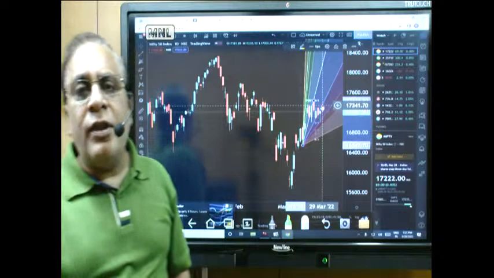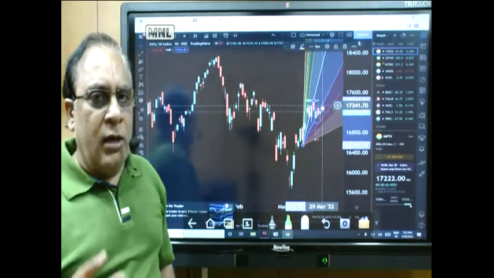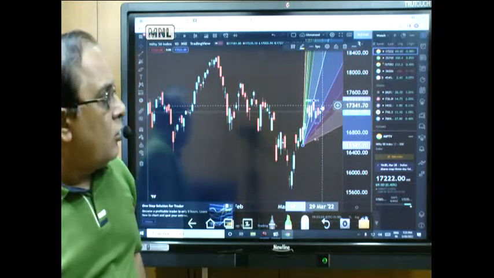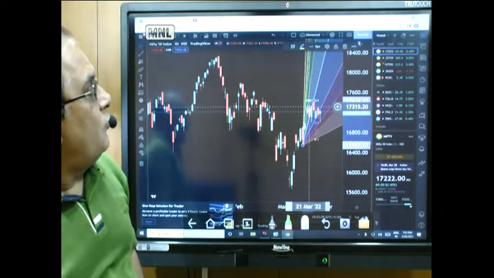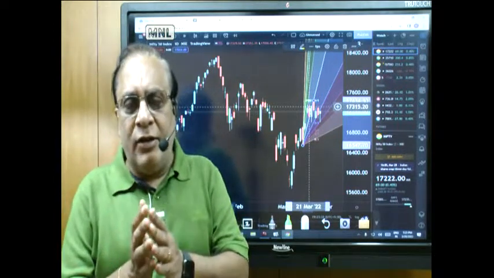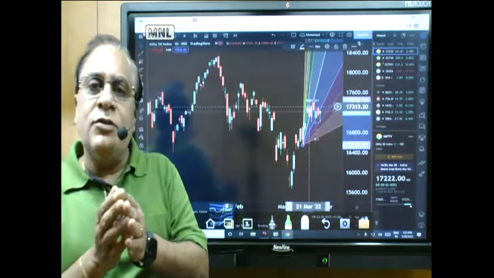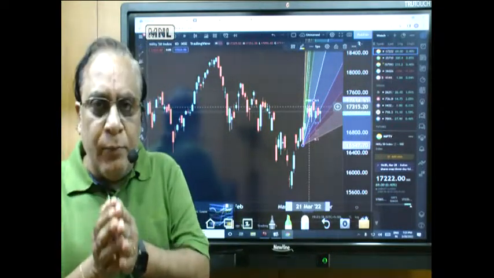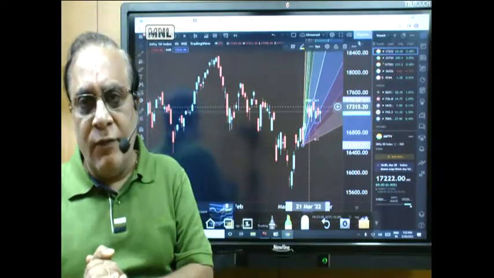So in case there is a rally tomorrow, we may definitely see a resistance building closer to 17,340, which incidentally happens to be the high of this 17,350. So we could expect some sort of resistance based on all these factors. Now your pivot high is at 17,350. The 45 degree angle which was from one pivot has been broken, so that itself will now become a resistance, which is 17,350.